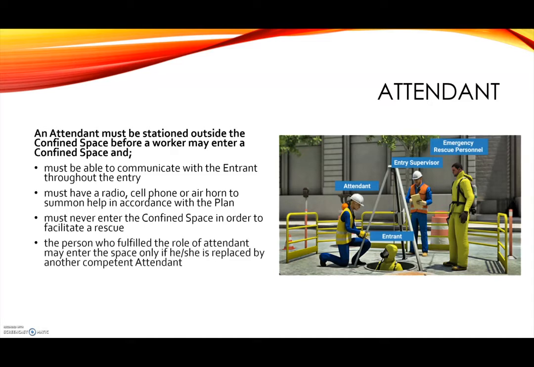The person who fulfilled the role of attendant may enter the space only if he or she is replaced by another competent attendant. The role change must be documented on the permit.